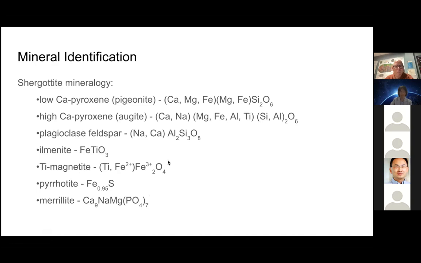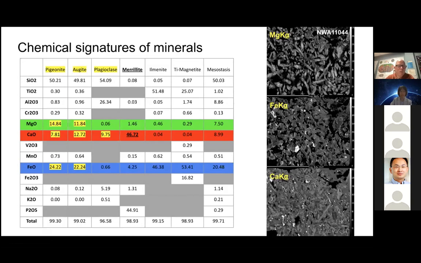Since we don't all speak chemical formulas, we need a way to distinguish what the different minerals are making up crystals within the sample. So I have this chart of chemical compositions measured from this sample, which is known as a basaltic shergottite.